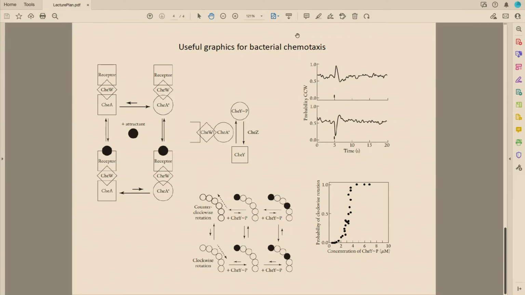So that's called adaptation, and up on the upper right, what is being plotted is the rate at which the motor is, or the fraction of the time that the motor is, running counterclockwise. And that little blip is where the experimenter inserted a short, fraction-of-a-second blast of an attractant.